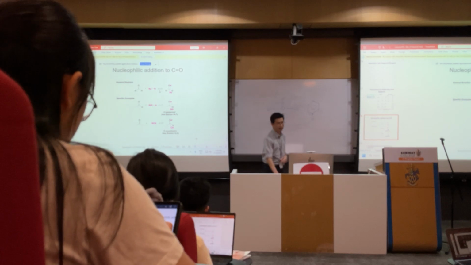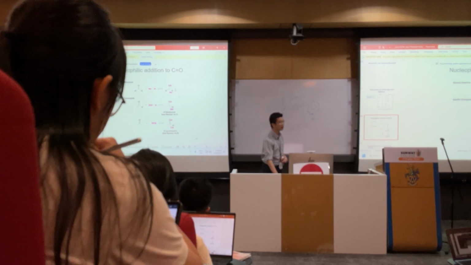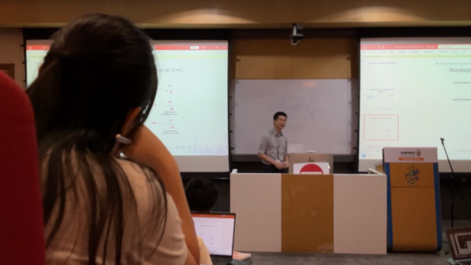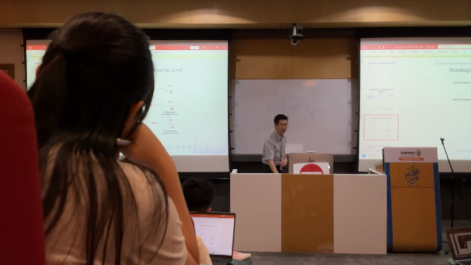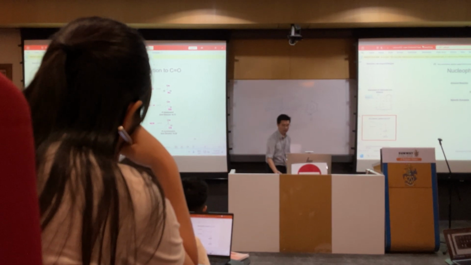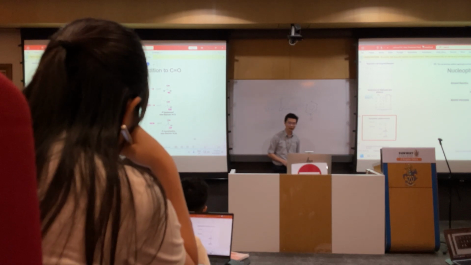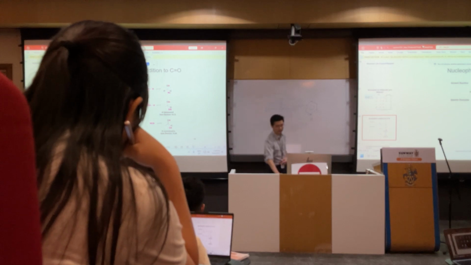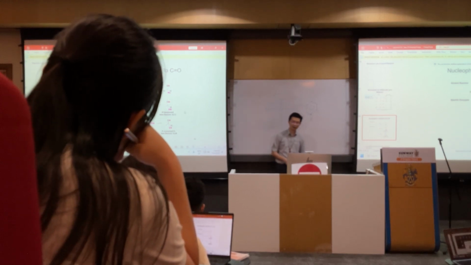So the nucleophile can be added into this electropositive carbon to also give us alcohol, depending on the type of nucleophile. If the nucleophile contains one hydrogen, then the hydrogen atom will be added into the carbonyl group. Okay. So for example, ethanol reacts with this. Okay. So it will give us hemiacetal.